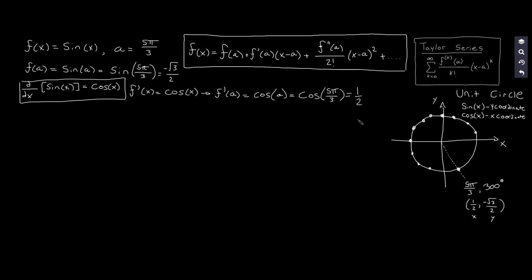Then we need to find the derivative of f prime of x. So the derivative of cosine is going to be, I think it's negative sine, right? I think it's negative sine of x. Let's go with that. I'm pretty sure it's negative sine of x.